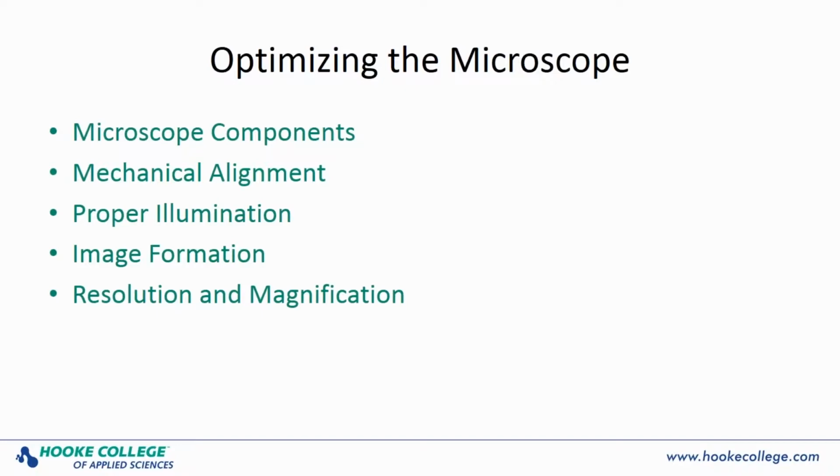So it's important to know how to choose the appropriate magnification, adjust the apertures, and use the best combination of oculars and objectives to optimize the image and to maximize the information you're trying to obtain. Another thing to consider is that light propagating through lenses and prisms can cause both spherical and chromatic aberrations, unwanted defects. But choosing appropriate lenses and the proper use of filters and apertures can minimize these effects.